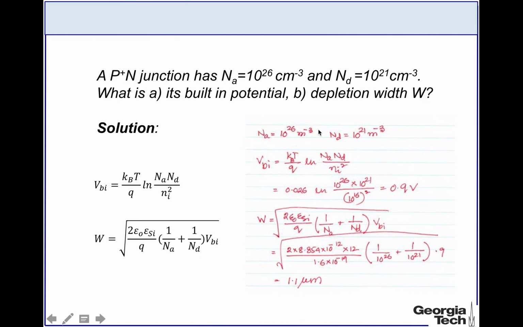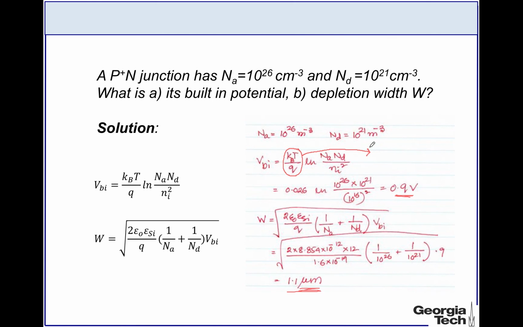So very simple, just plug in the numbers here and you will get the value of VBI to be 0.9 volts, and then plugging in this here you will get the depletion width. Now note that this value KT by Q is a voltage.